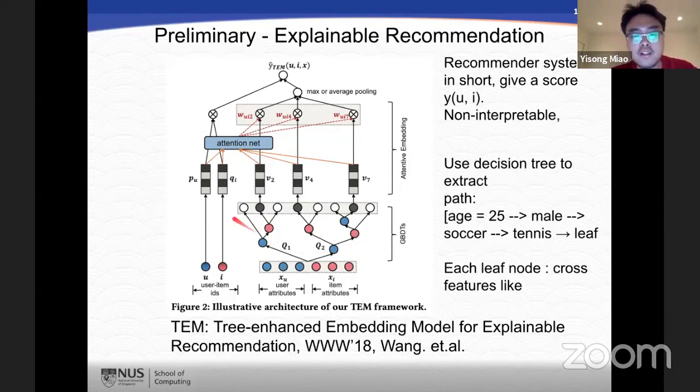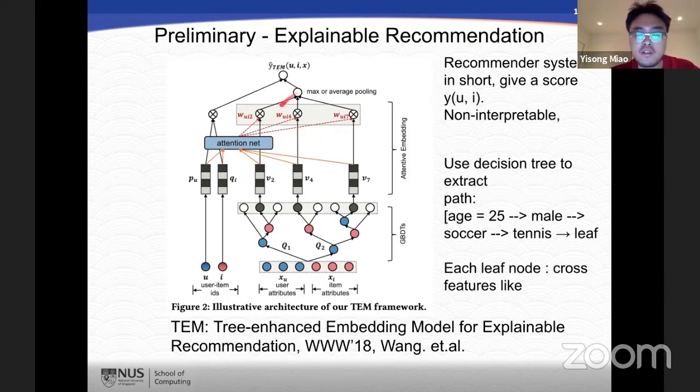Later, after they have gained such cross features, they map them into hidden representations, namely V sub 2, V sub 4, V sub 7, and together with the user embedding P sub U and the item embedding Q sub I, they feed them into one attention net, shaded by blue, and they get the attention score.